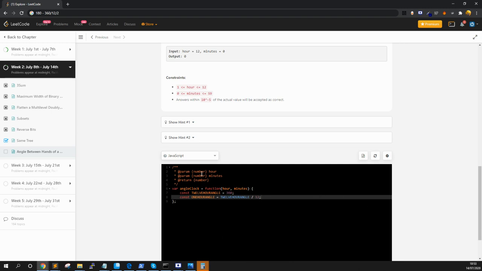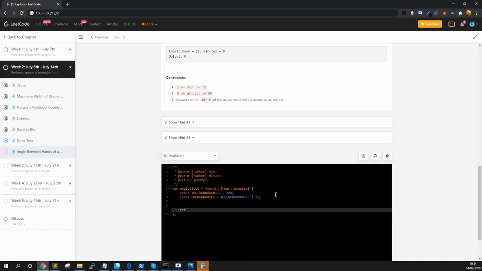What we want to return is a number, the same angle. So let's go to the return value.